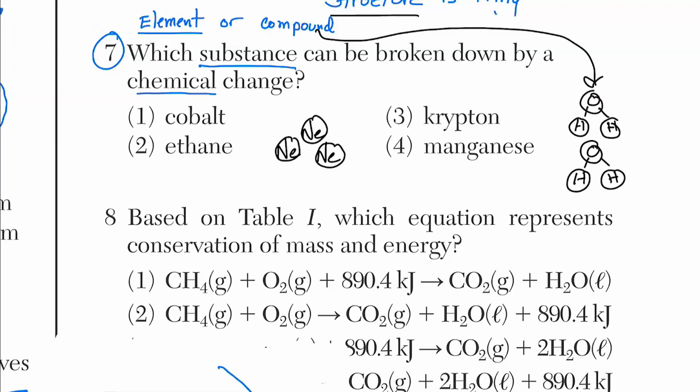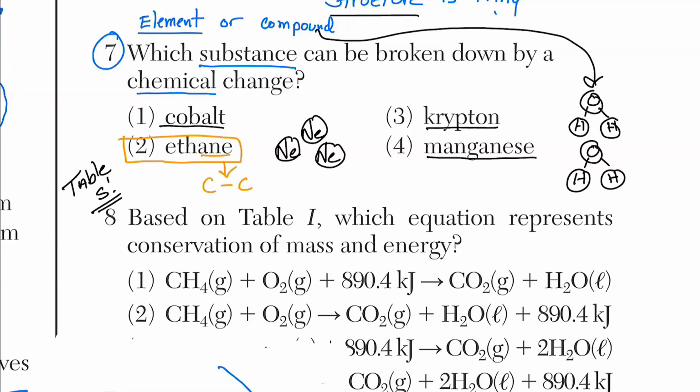If you don't know what a compound or the name of the elements is, Table S, my friend, is the most underutilized table. If you go to Table S, you'll find cobalt listed as an atom. You'll find krypton listed as an atom. Manganese as an atom. In your organic part of your course, you should understand that ethane is a compound. Remember, eth is 2 carbons from Table P. Ane means a single bond between them.